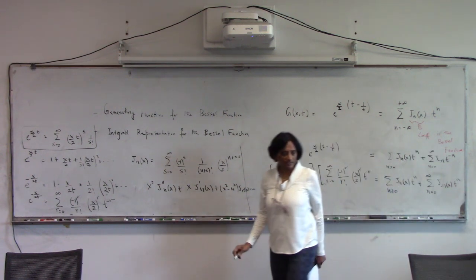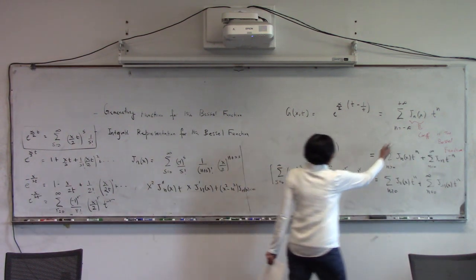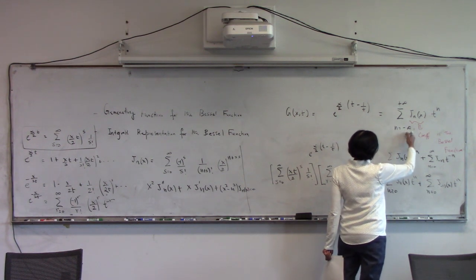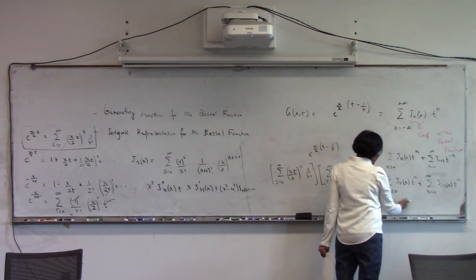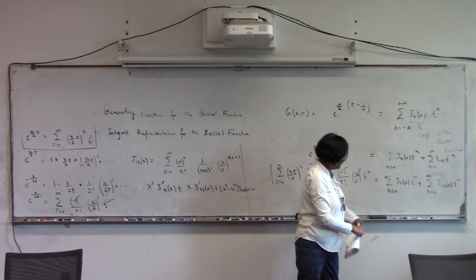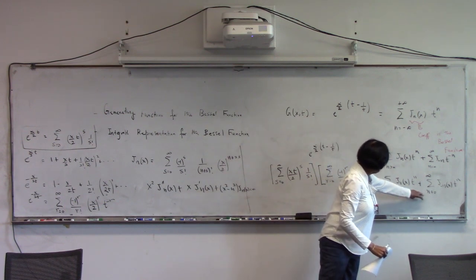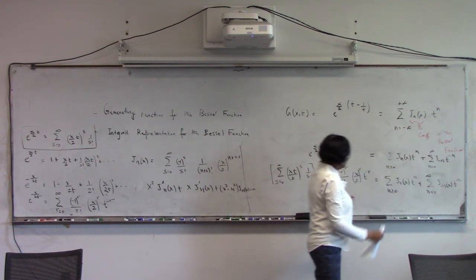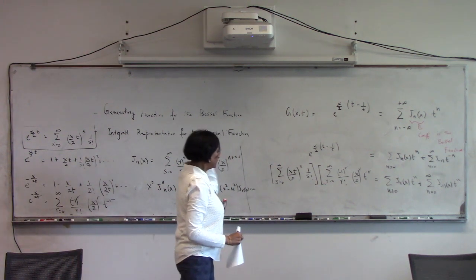Alright, this is clear? I'm breaking this minus infinity to 0 plus 0 to infinity as two different series. That's all I've done. This is 0 to whatever, and the other one has got all the negative terms.